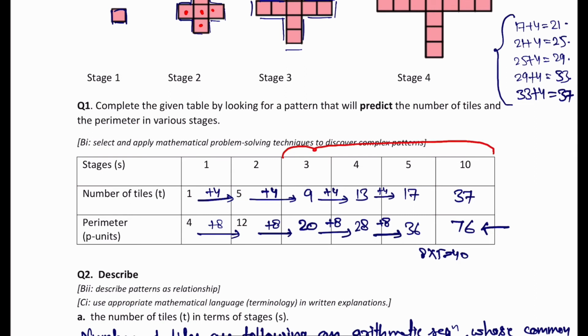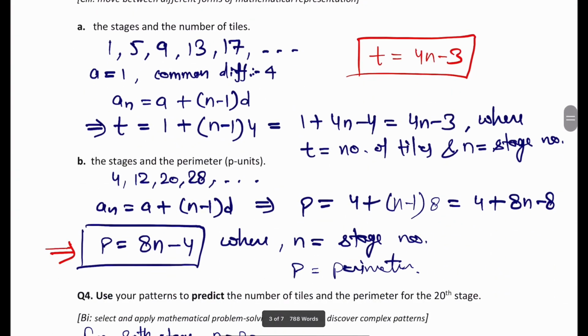So you can take any of these values, either 3, 4, 5, 10, to verify your general rule. If I substitute n equals 3 or 4 in the general rule, I have to calculate that thing with the formula first, and we have to compare the values with the table value. If they are coming the same, that is sufficient for the verification part. Now let's come back to the problem.